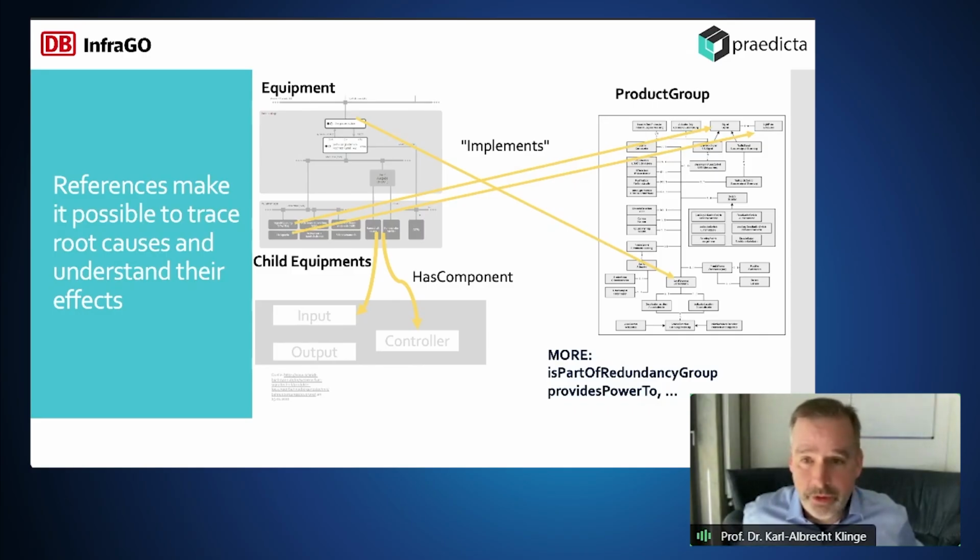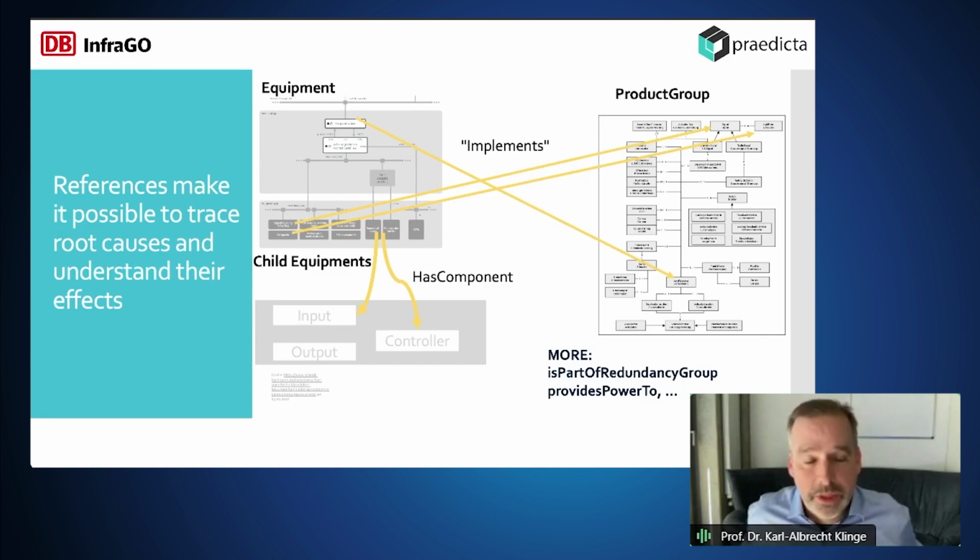Or we also have the is part of redundancy group references. So if a failure is there on a lower part of the system, then that might not necessarily be a failure at a higher system level. That might be an error, but you still have all your functions available. So you can understand the resilience of the specific system architecture. This is very, very important in railway systems, because many people think from the outside it's quite easy, just drive the train.